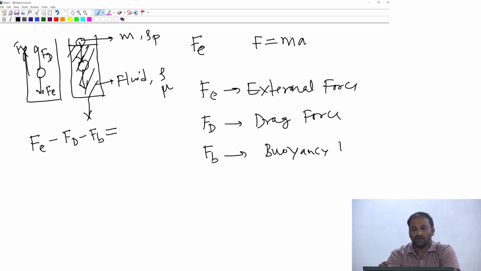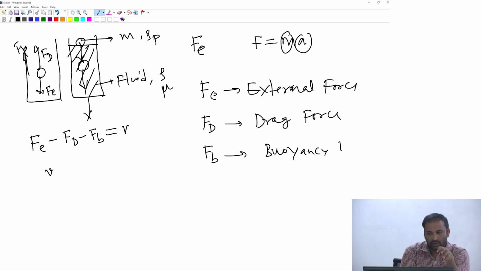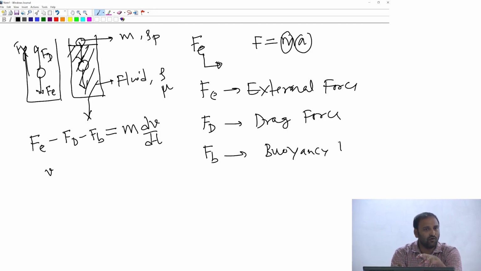Now, that is mass times acceleration. If the particle is moving with a velocity v, your acceleration is dv by dt. Now in general, your Fe, which is the external force, I can write as some mass times some acceleration Ae.